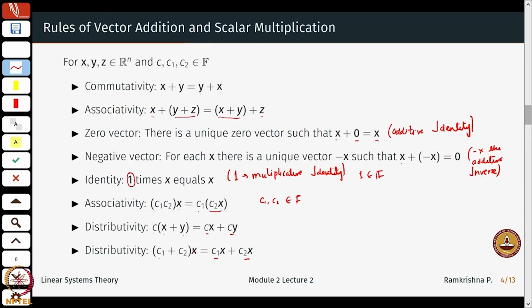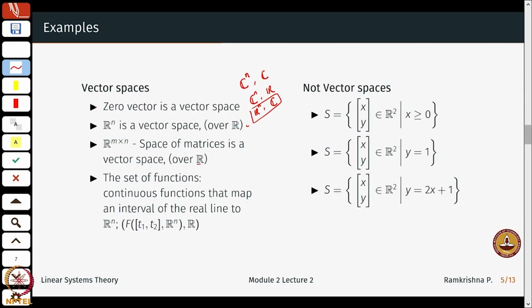All these 8 rules can be verified easily. An interesting example is also the set of continuous functions that map an interval of the real line, which could be the entire real line, to R^n over the field R.